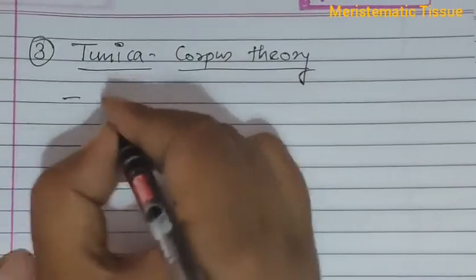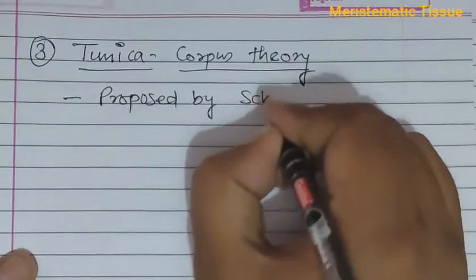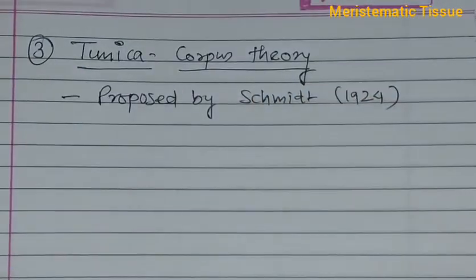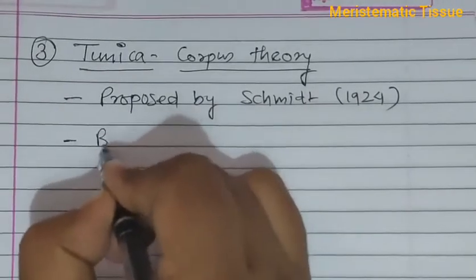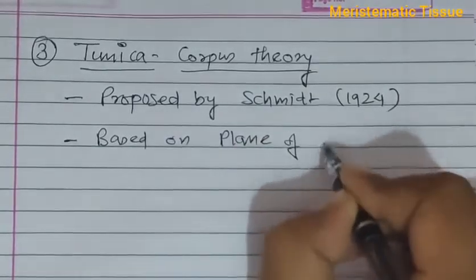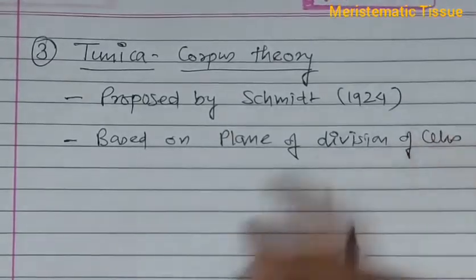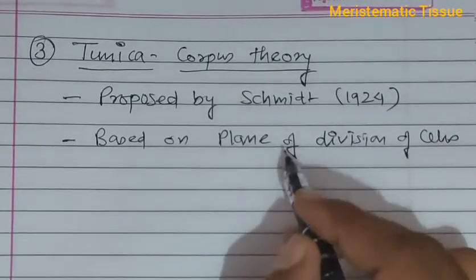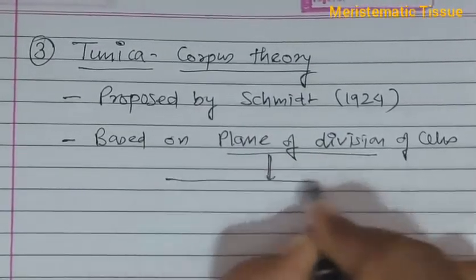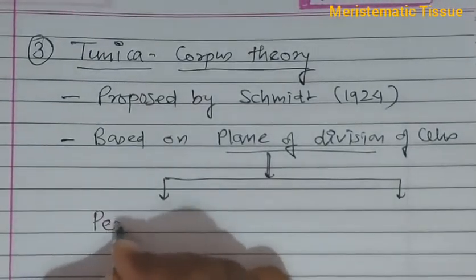This tunica corpus theory was proposed by Schmidt in 1924, and this theory is based on the plane of division of cells. So it is based on the plane of division. Now this plane of division is of two types.